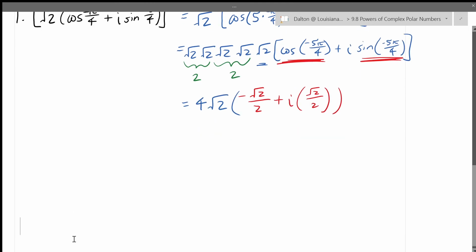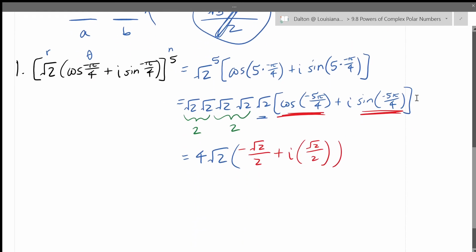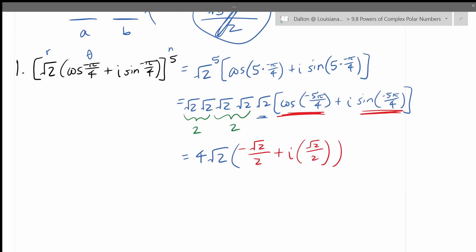Okay, now notice we're continuing to simplify because we have to answer in rectangular form, a plus bi. So we're going to continue simplifying by distributing this 4 square roots of 2 to both of these numbers. So when we do that, and again, technically 4 square root of 2 is over 1.